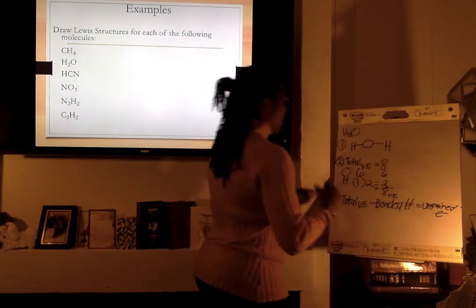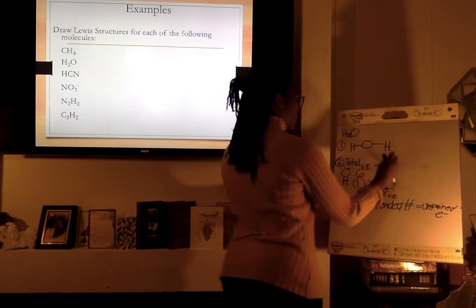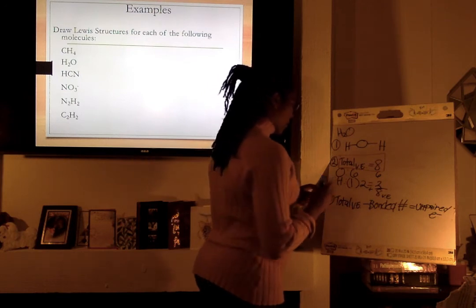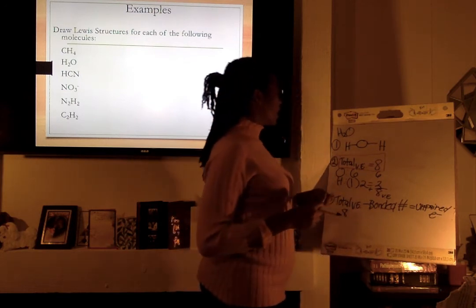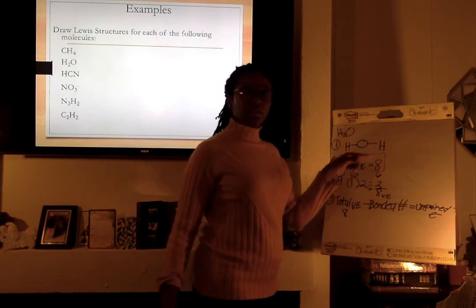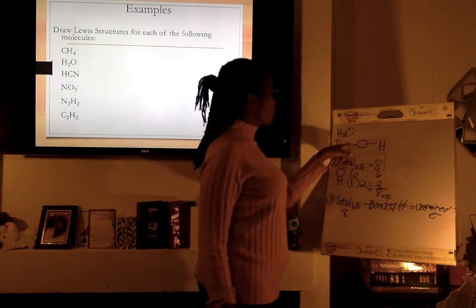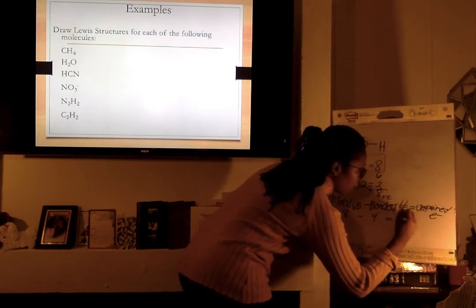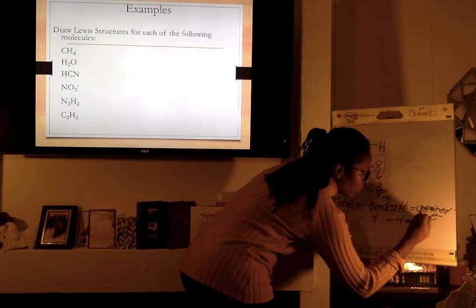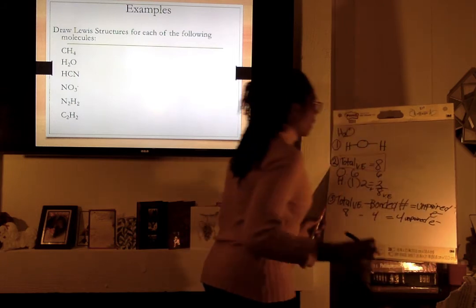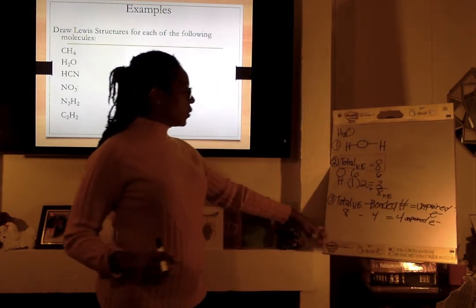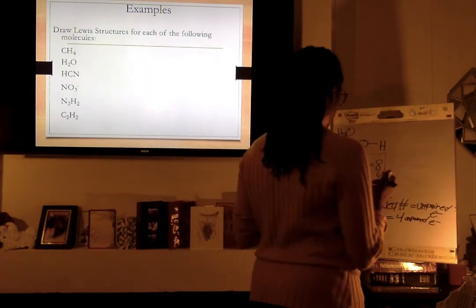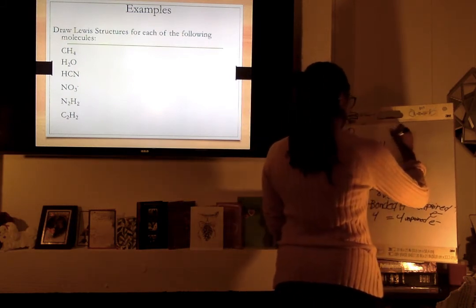Well, we have 8 total valence electrons, right? And how many bonded valence electrons do we have? Well, how many electrons are in each bond? 2. So we have 1, 2, 3, 4. So 8 minus 4 is 4 unpaired electrons. Okay? So now I'm going to add this number of unpaired electrons into my compound or my new formula, right, when I write it out.